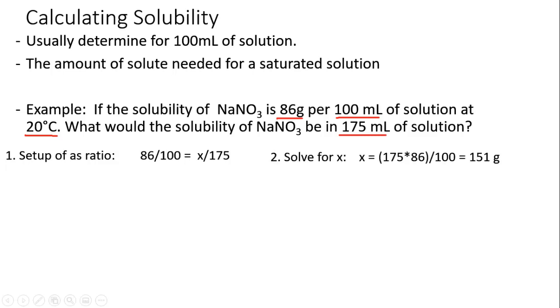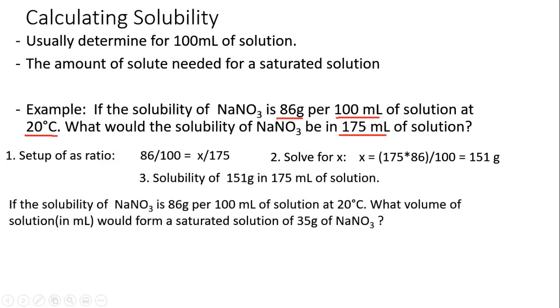And so when we solve for X, we see 151 grams can be dissolved in 175 milliliters of solution. Because when you divide 151 by 175, it's going to be the same as dividing 86 by 100.